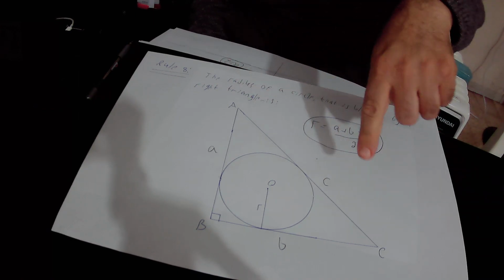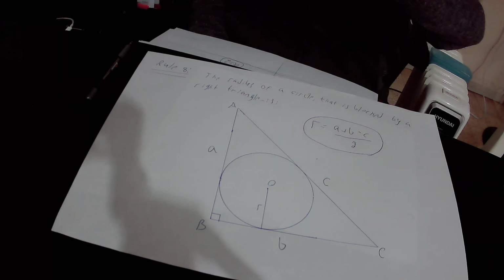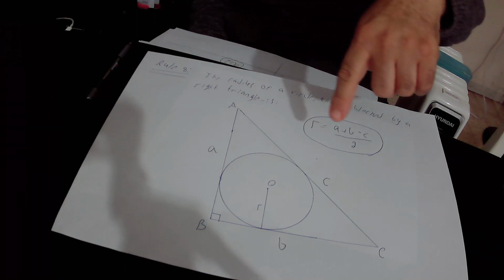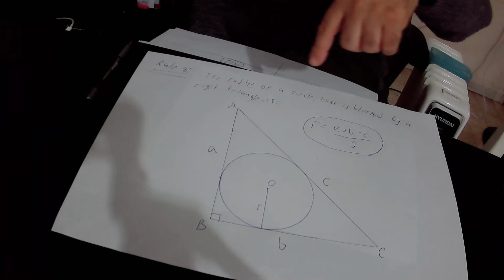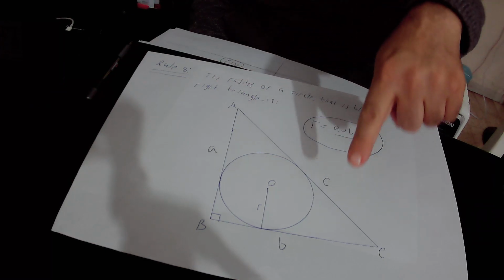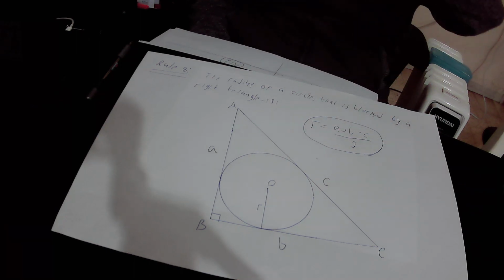And this right triangle ABC blocks this circle, the radius of this circle is R. We can find the value of R only by knowing the side lengths of the right triangle ABC that blocks the circle. That is to say, the value of R will be equal to A plus B minus C over 2. Again, R equals A plus B minus C over 2.